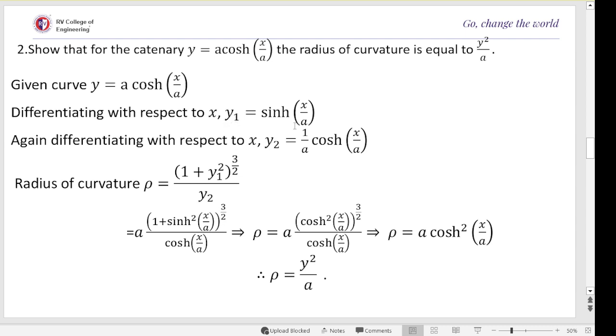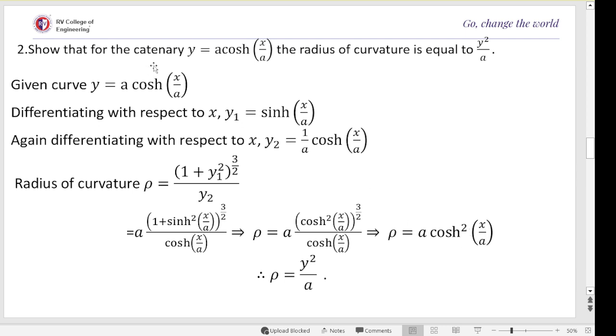So we will get the derivative of sin h (x by a), which is cos h (x by a), into 1 by a. Substitute y1 and y2 in rho, we get a into (1 plus sin h square (x by a)) power 3 by 2 divided by cos h (x by a). So 1 plus sin h square (x by a) is cos h square (x by a). So power 3 by 2 divided by cos h (x by a). So we get rho equal to a into cos h square (x by a).